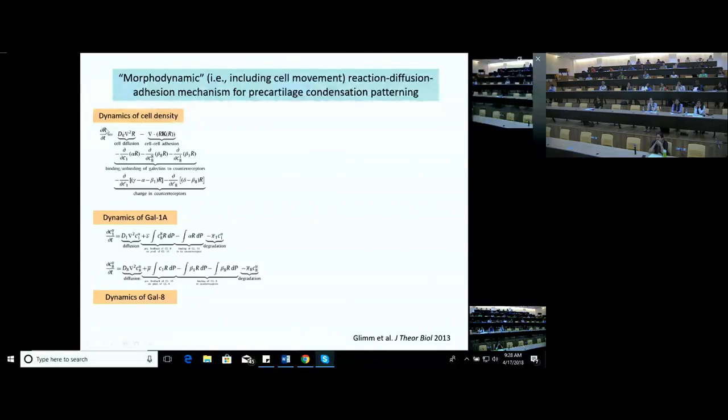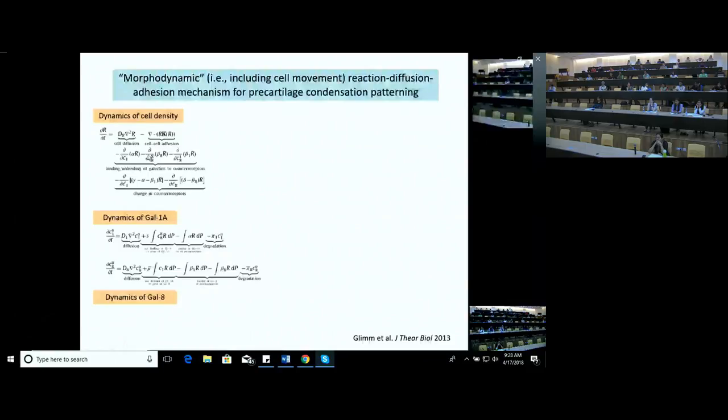And we have cells being able to diffuse or move, and cells undergo cell-cell adhesion. Okay, and there's binding and unbinding of lectins to their ligands or counter receptors, and there's the change in the density of the counter receptors in response to the galectin.